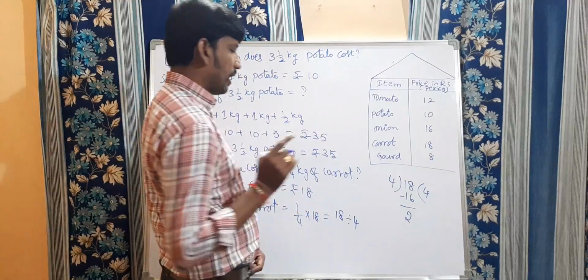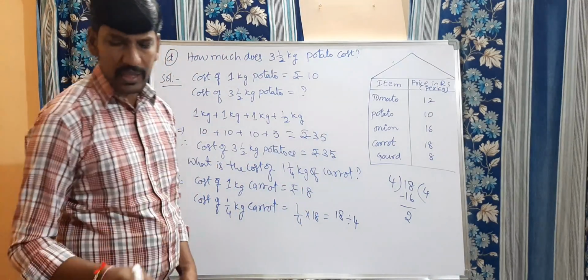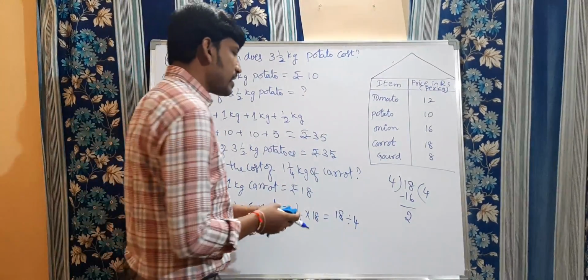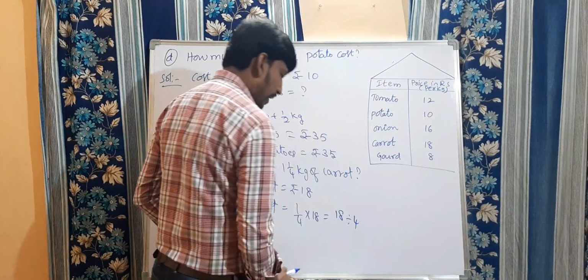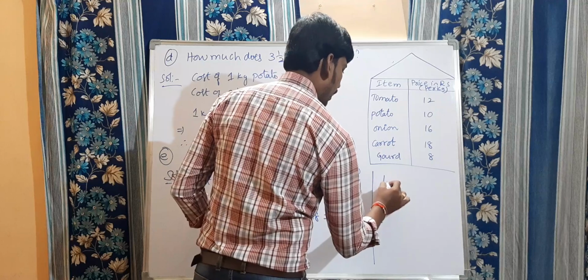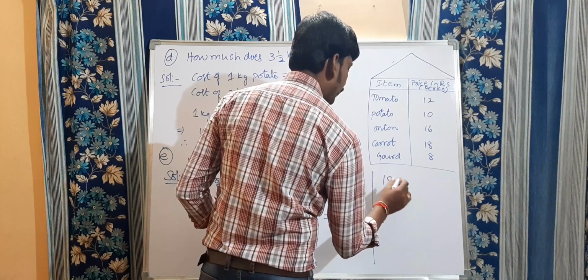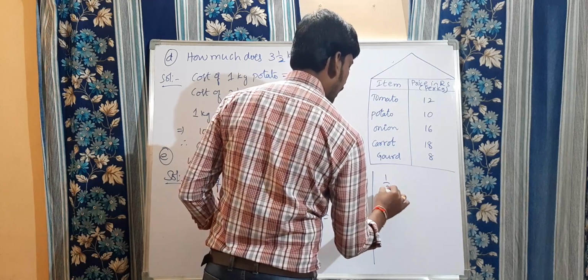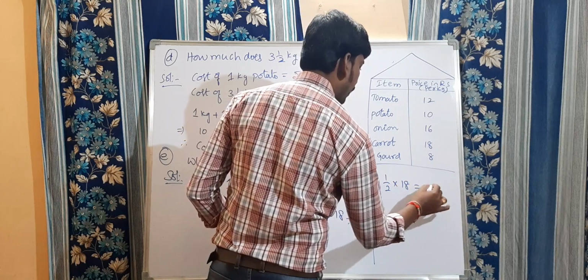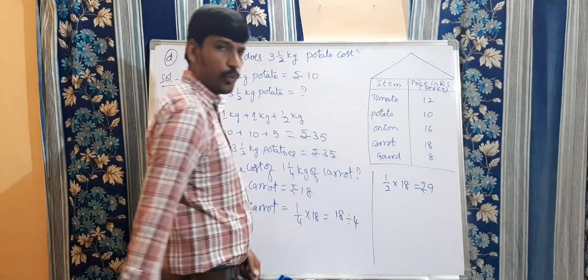Here you may get a little confused, so I am going to give an easy method. In 18 rupees, what is half of 18? Half, 1 by 2 into 18, is 9 rupees.